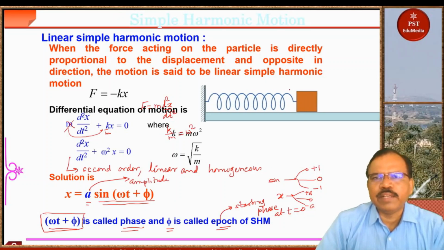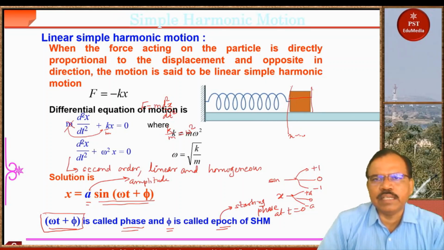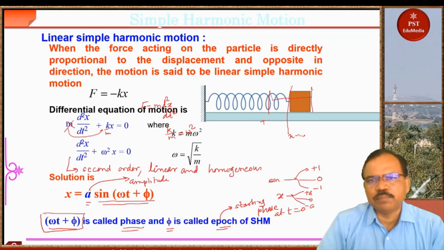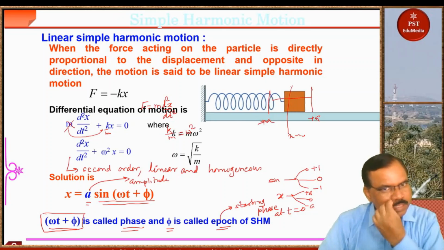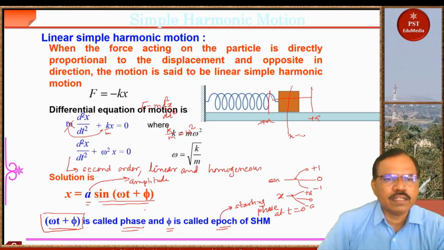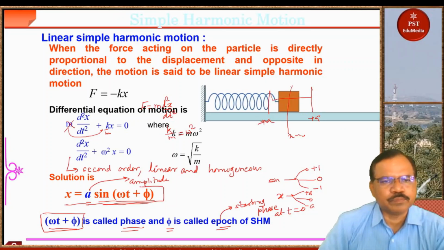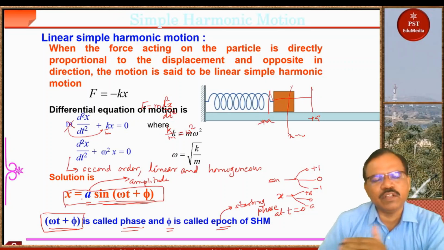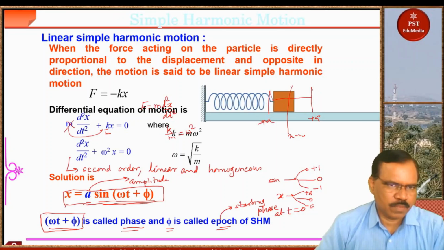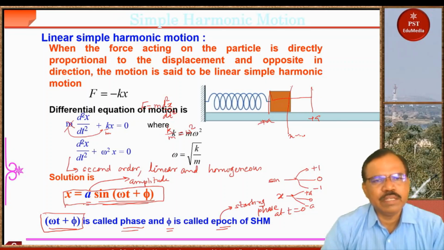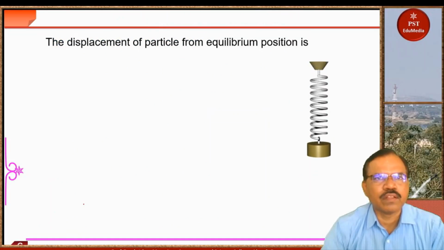See here, in this spring mass system, somewhere here you will have the equilibrium position, x is equal to 0. It will go to maximum here and maximum on this side, plus a and minus a. This is called simple harmonic motion, and it is linear because it is along a straight line.